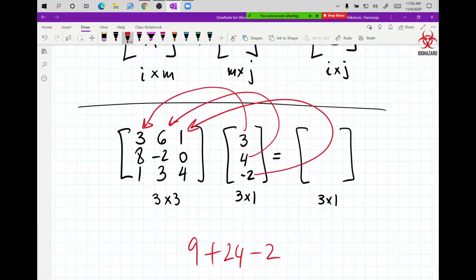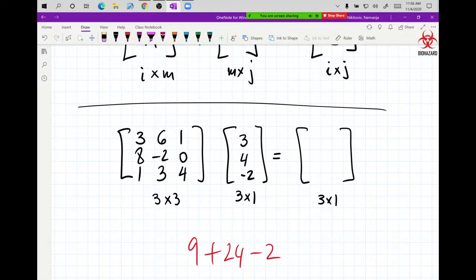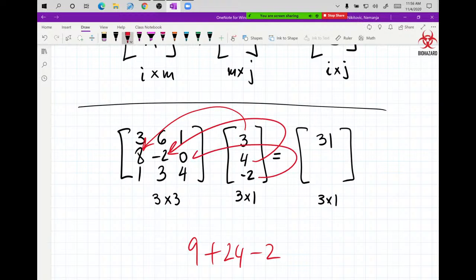So when you do this multiplication, you have 31 as your first value on top. Then 3 hits 8, 4 hits negative 2, and negative 2 hits 0. I don't have to worry about the 0.